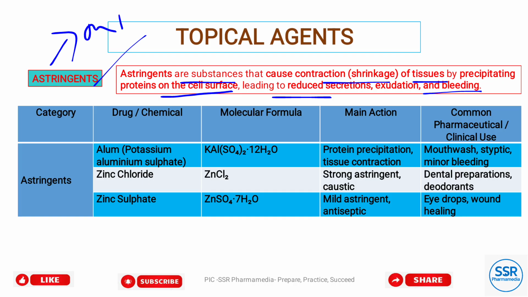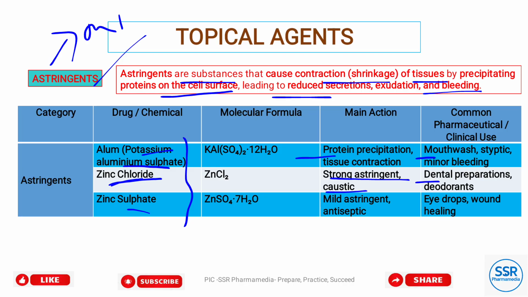Examples of astringents are alum, which is potassium aluminum sulfate, zinc chloride and zinc sulfate. Alum acts by protein precipitation and tissue contraction. It is used in the preparation of mouthwash, styptics and for minor bleedings. Zinc chloride is a strong astringent and caustic agent.